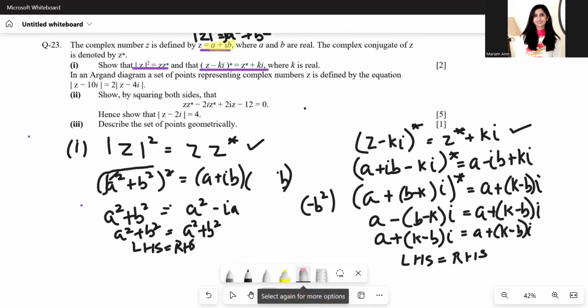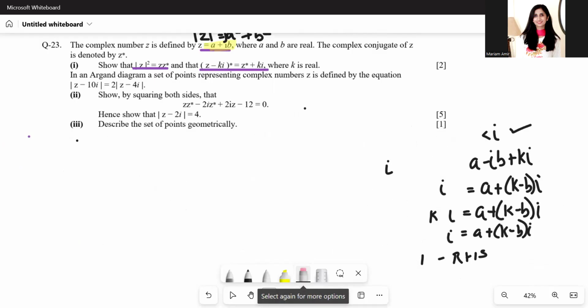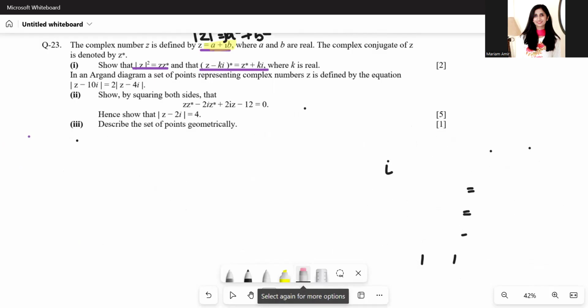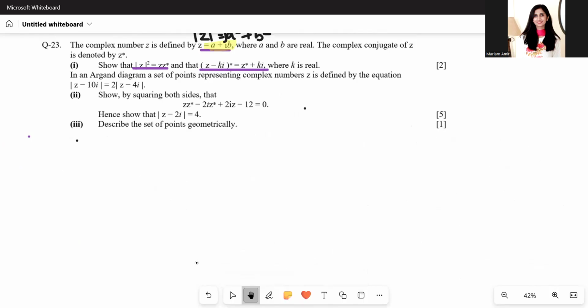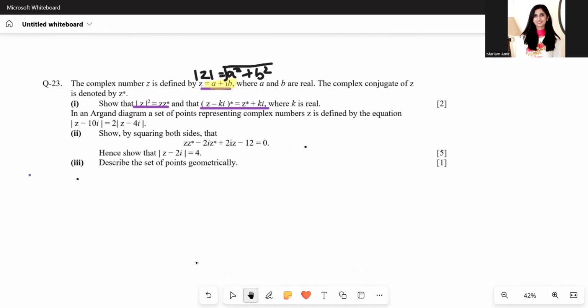Next part is, in an Argand diagram, a set of points representing complex numbers z is defined by the equation modulus of z minus 10i equals 2 times modulus of z minus 4i. Show by squaring both sides that this is true.